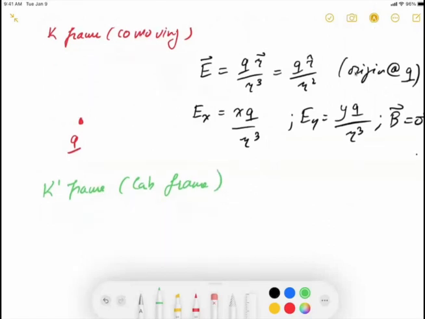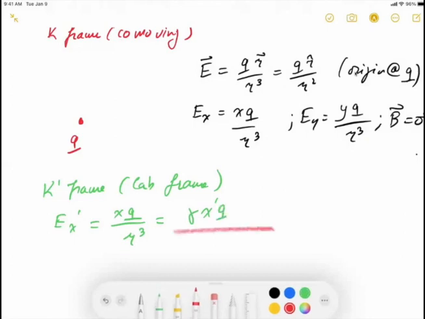We get that Ex prime is unaffected, but we need to change our coordinate system, because right now we're still in the unprimed coordinate system. So even though that Ex is the same, it's described in terms of the unprimed coordinates. So x is gamma x prime.